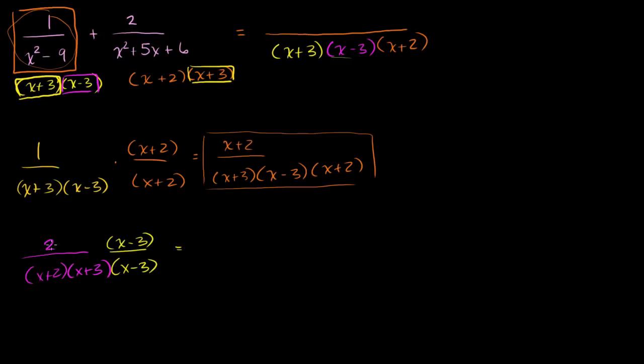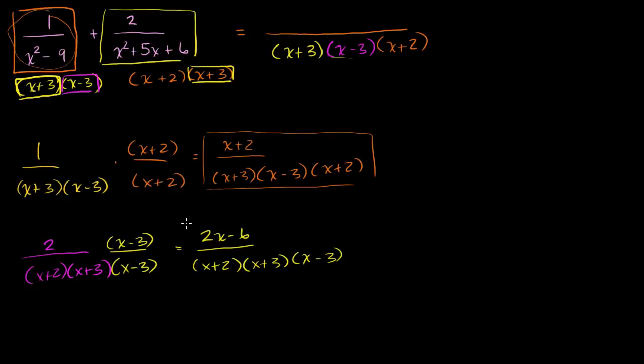So this is going to be equal to 2 times x minus 3, which is 2x minus 6, over x plus 2 times x plus 3 times x minus 3.